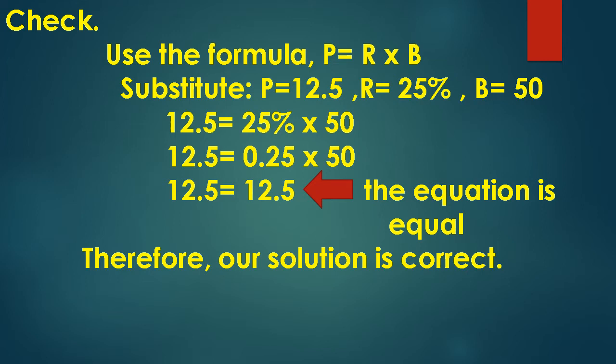Then we are going to change the percent, the rate, to a decimal number. So the decimal number of 25% is 25 hundredths times 50. So the answer is 12 and 5 tenths. So the equation is equal. Therefore, our solution is correct.